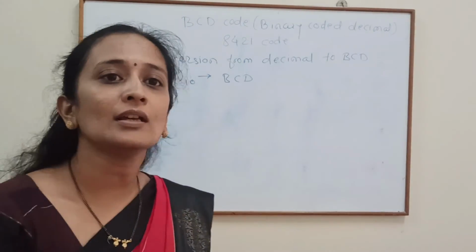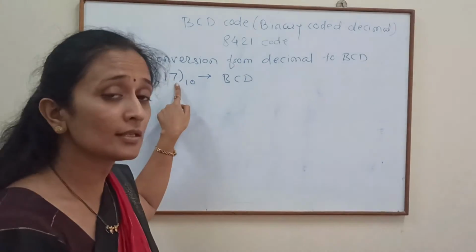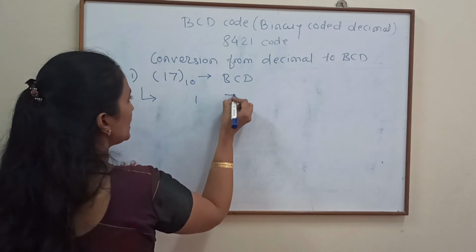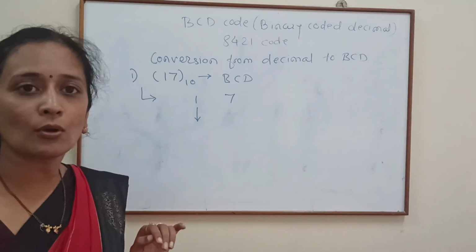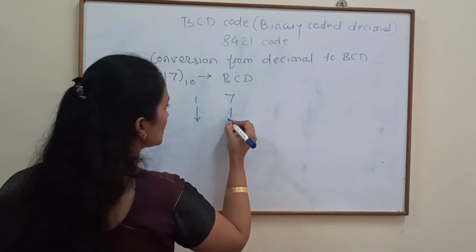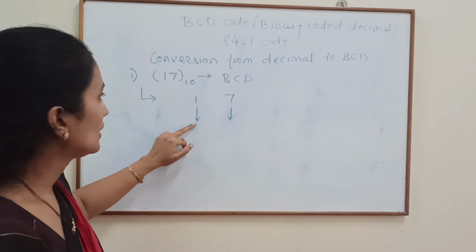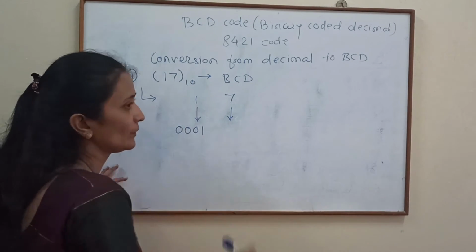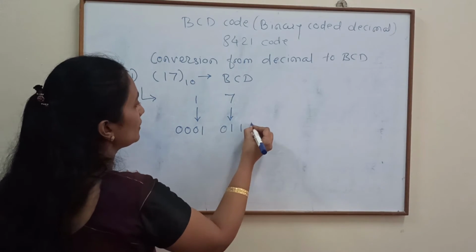Number 17 is not there in the decimal number system. It will read like 1 and 7. Therefore, take down this number once again. Split that number. Write the equivalent BCD code of 1 and the equivalent BCD code of 7. If you see that chart, 1 will be 0001 and 7 will be 0111.